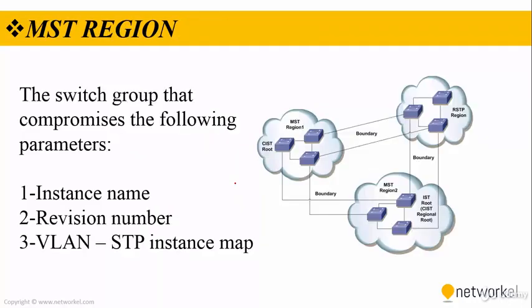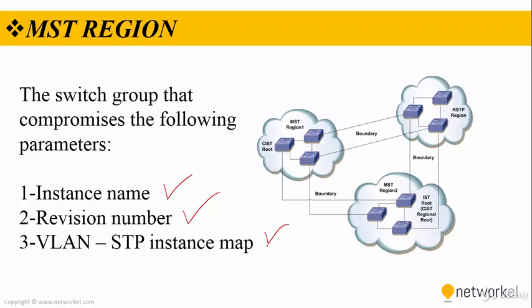Let's talk about the MST region concept now. The MST region is the switch group that comprises the following parameters. The first parameter is the instance name. The second parameter is the revision number, and the third parameter is the VLAN to STP instance maps.